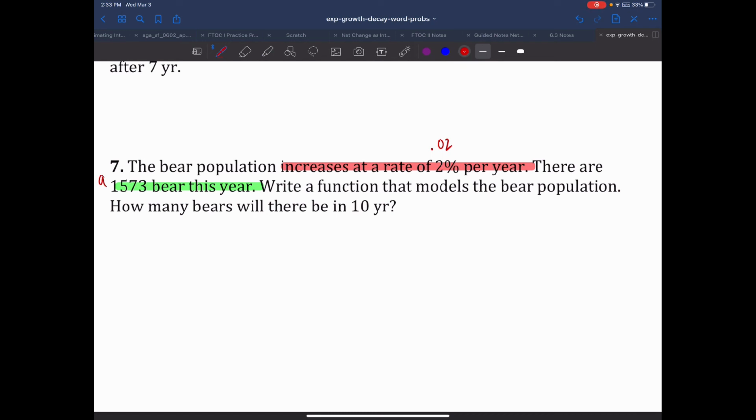So just like the other ones, these get a little bit repetitive when you start working with them. It would be f of x equals my initial value times 1 plus my rate raised to the x. So f of x equals 1573 times 1.02 raised to the x. How many bears will there be in 10 years? Is f of 10.